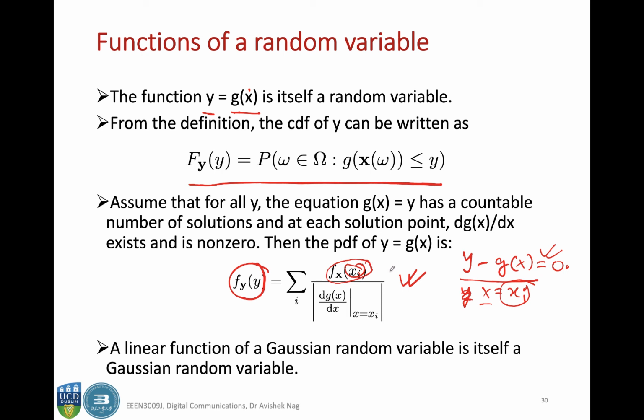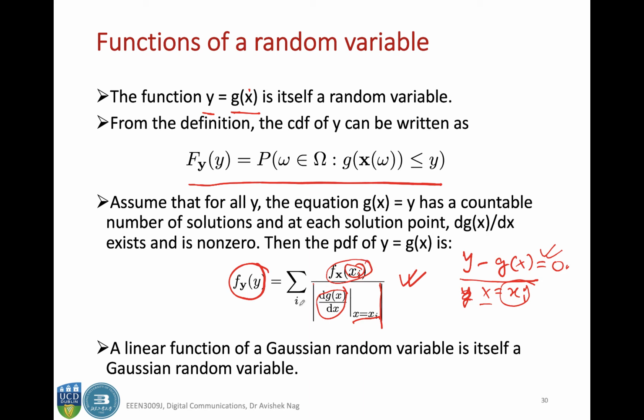Basically you calculate the PDF of x at those values xi, and then you also calculate the derivative of the function g of x with respect to x at these values x equal to xi, and then you take the absolute value of those derivatives, and then you can write the expression like this.